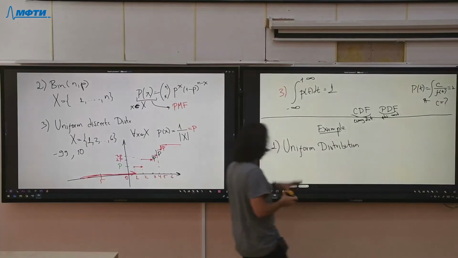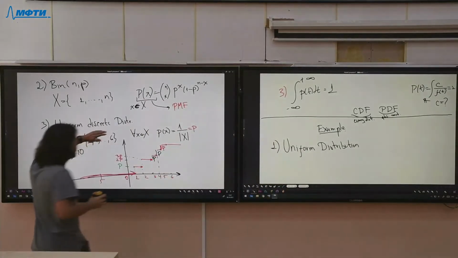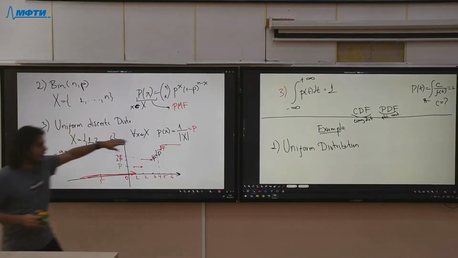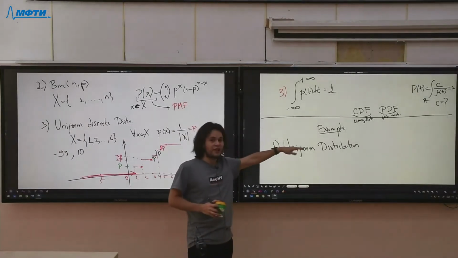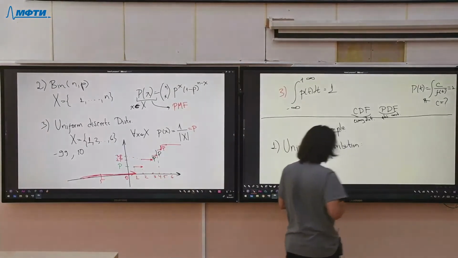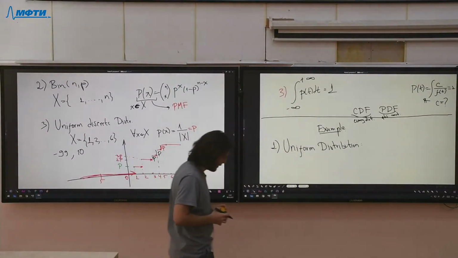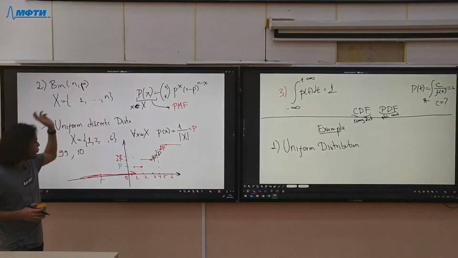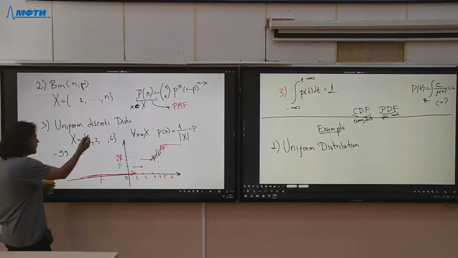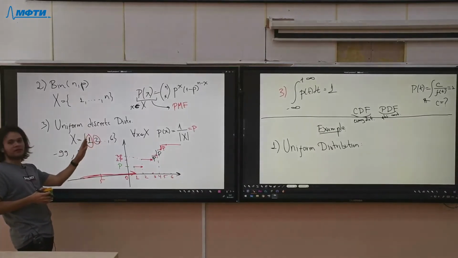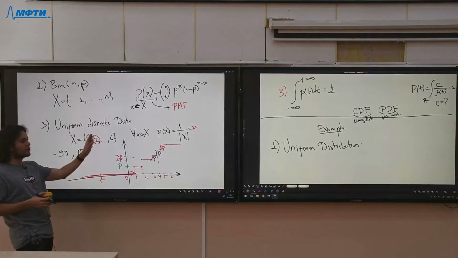Look, here we had the uniform distribution in the discrete case, and here we have the uniform distribution in the continuous case. So what do we have here? In the discrete case, the probability of each of these points is equal. The probability that we have this one is equal to the probability that we have this one, and so on.